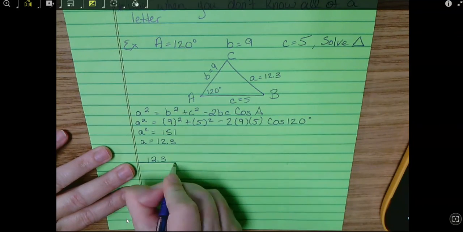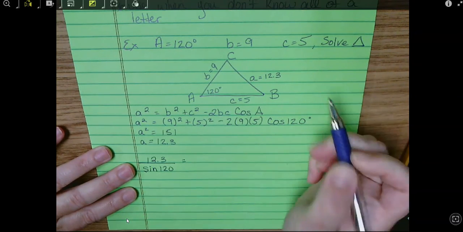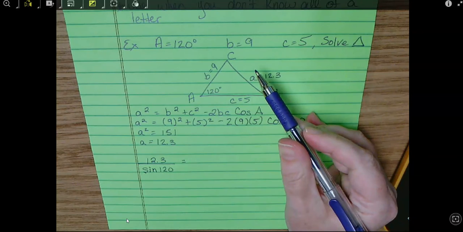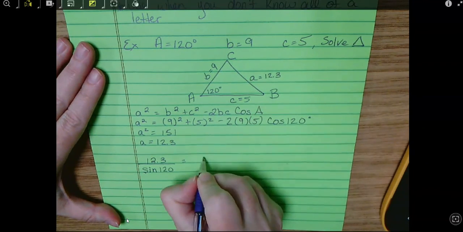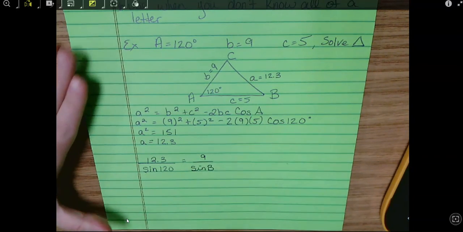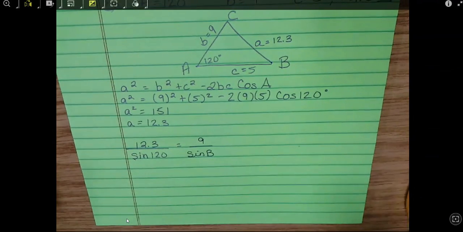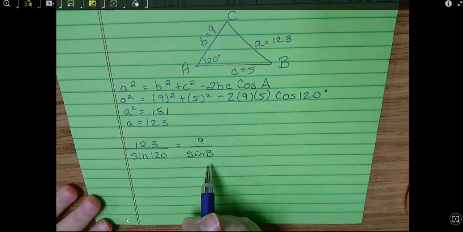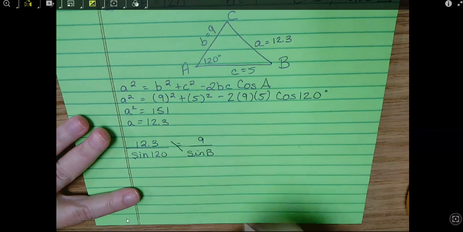So it'll be 12.3 over sine of 120. Then we have a choice to find big B or big C. I'm going to find big B. So this would be 9 over sine of B. Here I'm trying to find big B, so we're going to cross multiply.